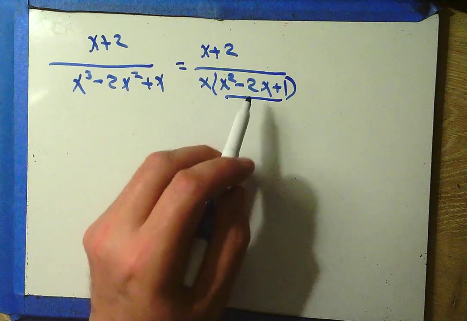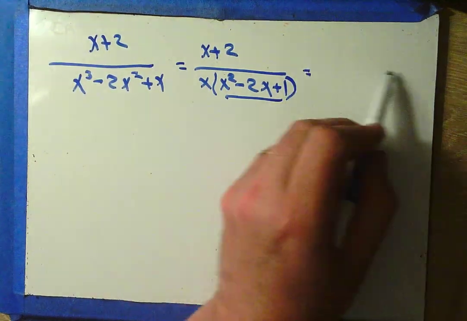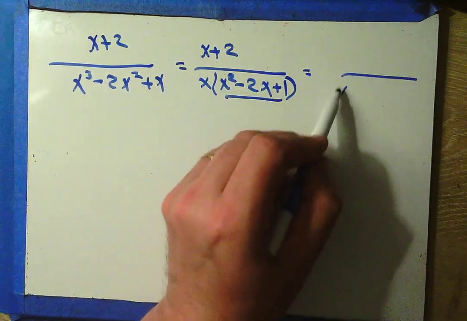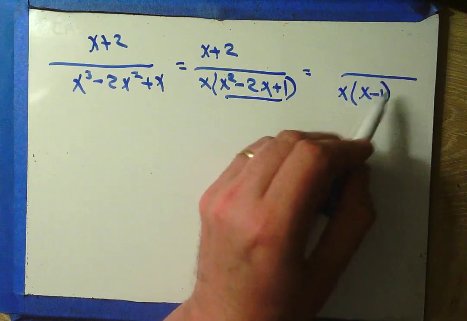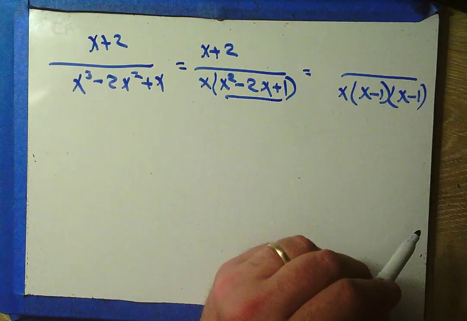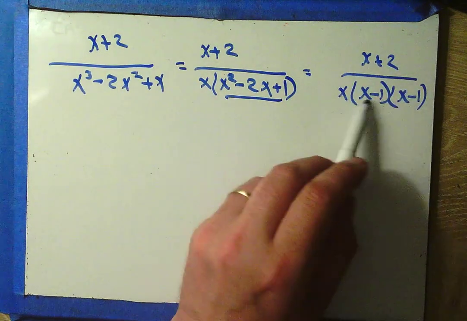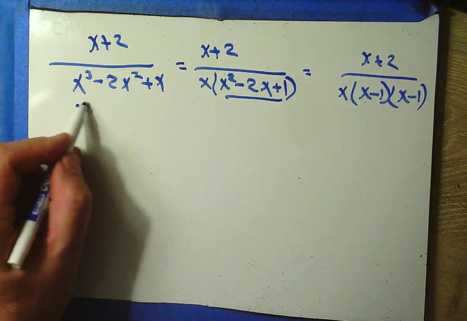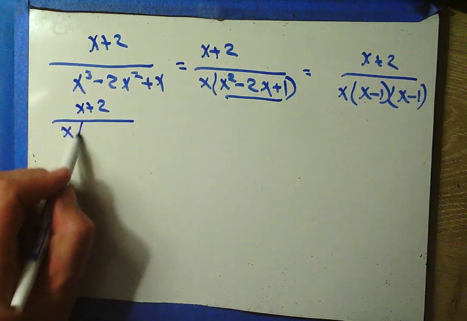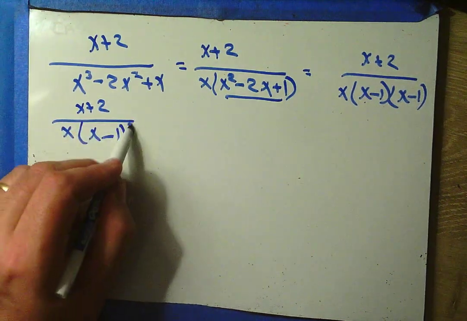We want some linear terms down here. So when I factor this trinomial, I'm going to have x minus 1, x minus 1, with that original x plus 2 on top. This can be combined to be x minus 1 squared.